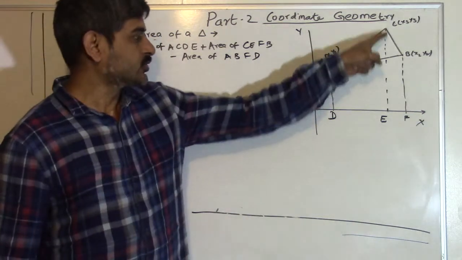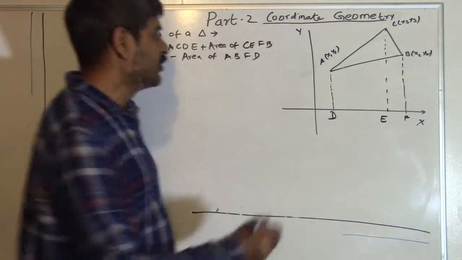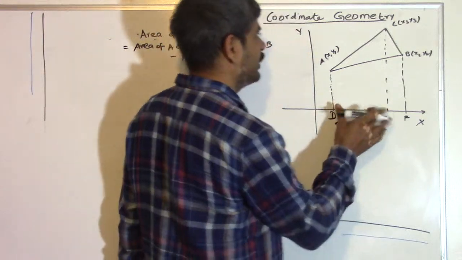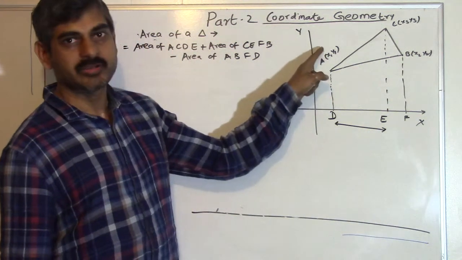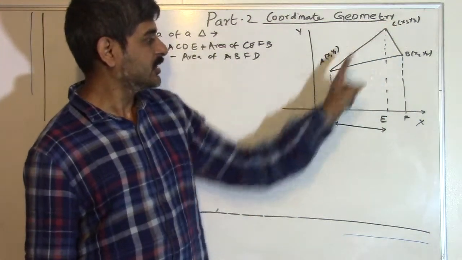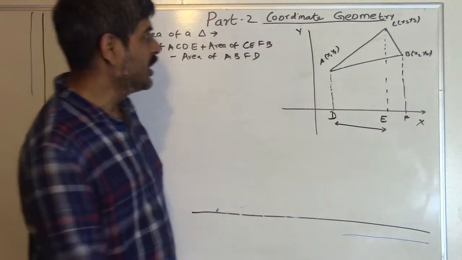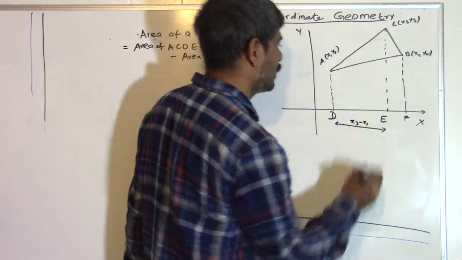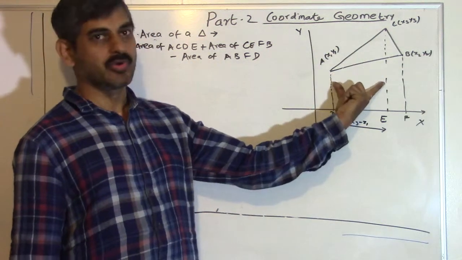Now let's focus on this particular one. The area of this trapezoid will be equal to half of its height, and this length is x1 because its coordinate is x1, and this length is x3 because its coordinate is x3. So this length is going to be x3 minus x1, and this is also the height of this trapezoid.